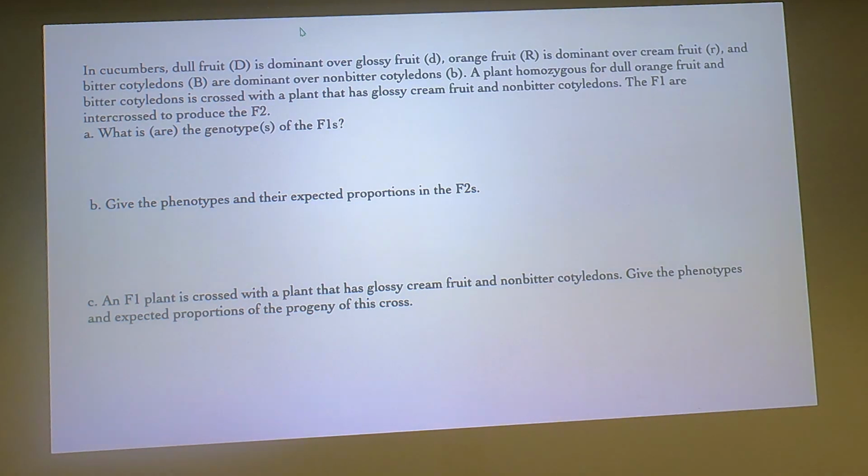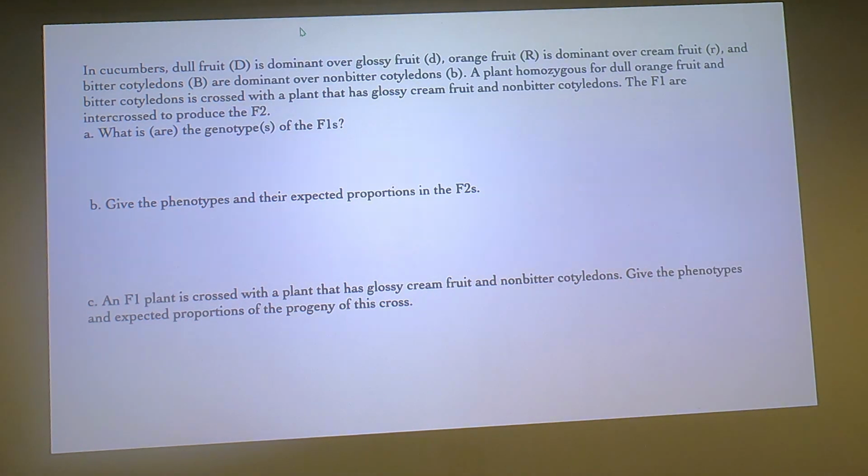Yeah, big D, big R, big B. So that's easy. Then we cross this to a plant that has glossy cream fruit and non-bitter cotyledons. Notice, I didn't say it's true breeding. The first one I said is homozygous, but here I didn't say true breeding, but you can still figure out the genotype, right? Somebody else, what is the genotype of this second parent?